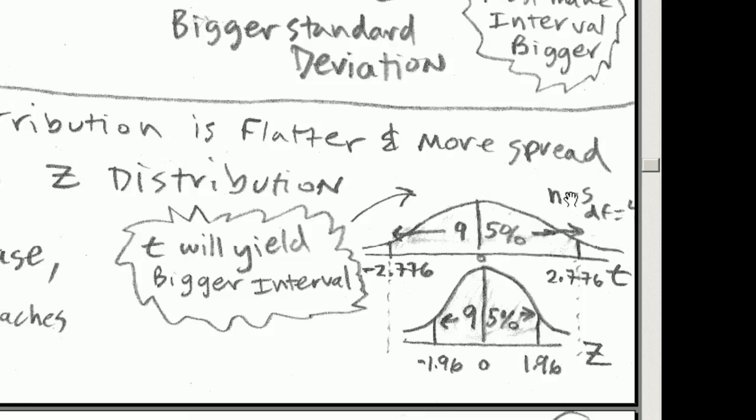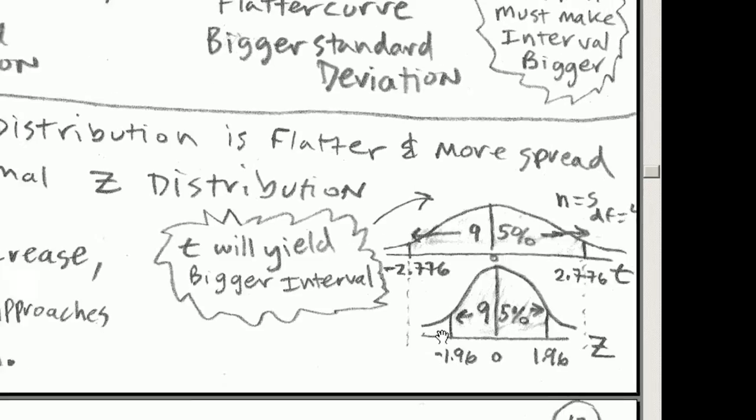If we had n equals 5 to get the same 95% confidence interval, we'd have to increase, or decrease as the matter may go on this side, from 1.96 to 2.76. So that means we're multiplying times the standard error, right? And we have a much bigger number, which means the value is much further down here, in order to get the same 95% probability or confidence interval.